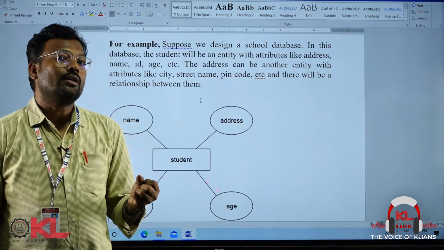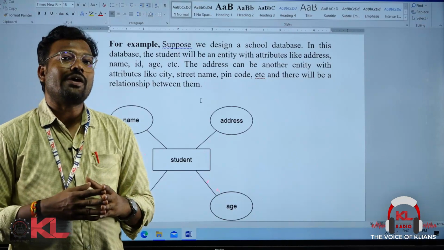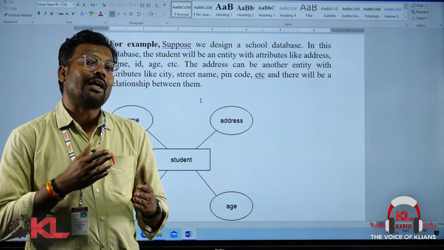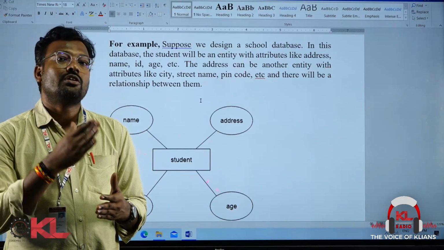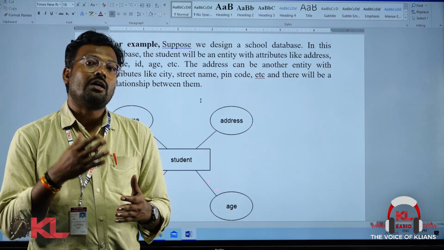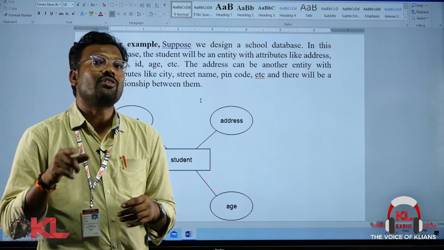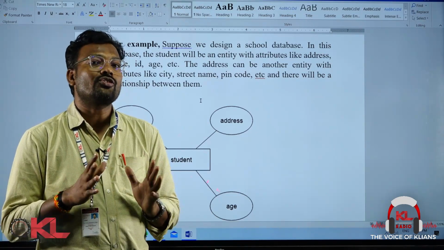An entity we specify as a rectangle with rounded corners, attributes we represent as ovals, meaning ellipses, and relationships we specify as a diamond symbol. These are the notations we are going to follow.